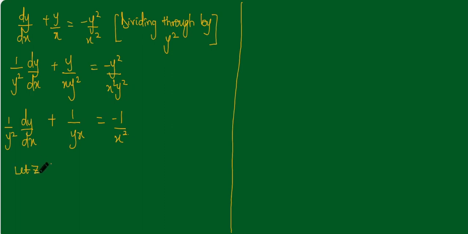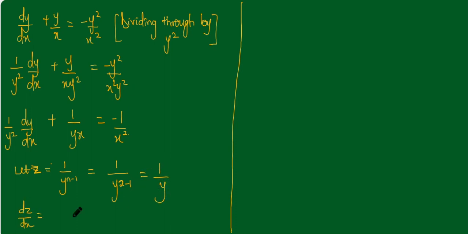Let z be equal to 1 divided by y raised to power n minus 1. Now, in this case, our n minus 1 is 2. So, it is 1 divided by y raised to power 2 minus 1, and that's 1 divided by y.